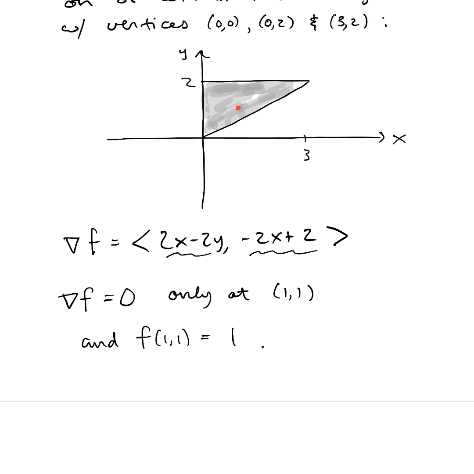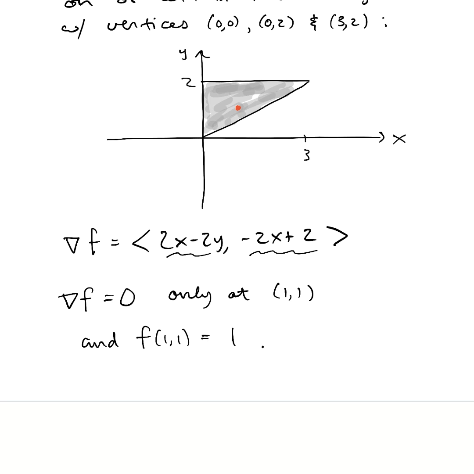Now, we could go and do the second derivatives test right here and actually decide whether at that red point, 1, 1, we had a local max, local min, saddle, or no information. I actually went off to the side and did that. I'm going to hold out on that answer because it doesn't matter right now. That is the one spot where we could conceivably have a max or a min inside the region. We will now compare that spot and the function's value there to what the function comes out to on the boundary of the region.